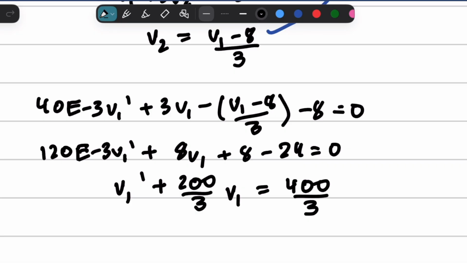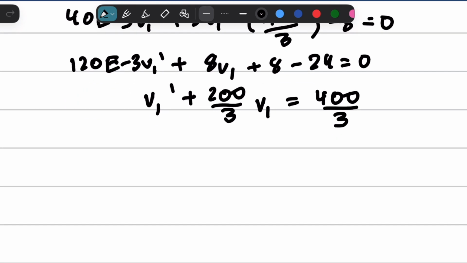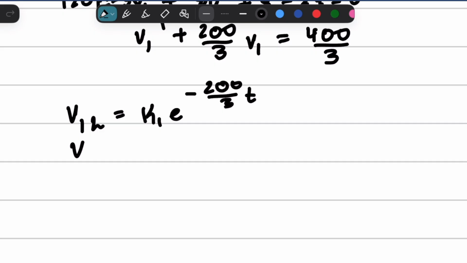And as you can see here, this is a non-homogeneous equation. So we're going to have a V1 homogeneous, which is simply K1 e to the negative 200 over 3t. And V1 particular is going to be equal to K2.